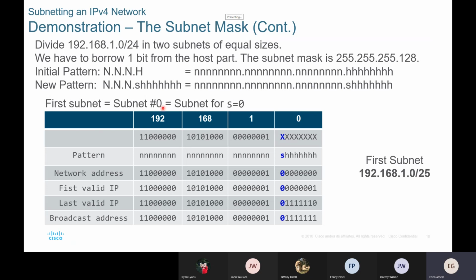And how do I get subnet number 0? I change this bit S to 0. So if I change this bit S to 0, all the IP addresses in this subnet will have this bit at 0. As you can see here, we put this bit at 0 all the time because it's subnet 0.